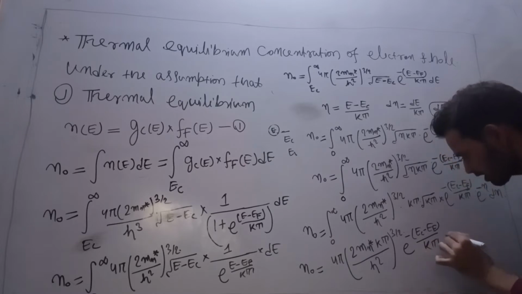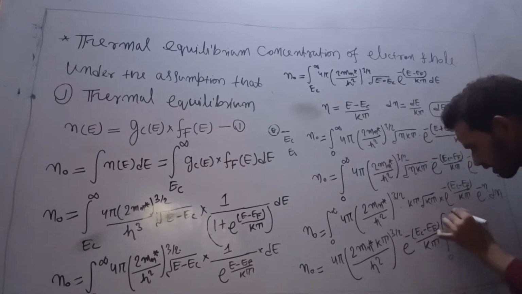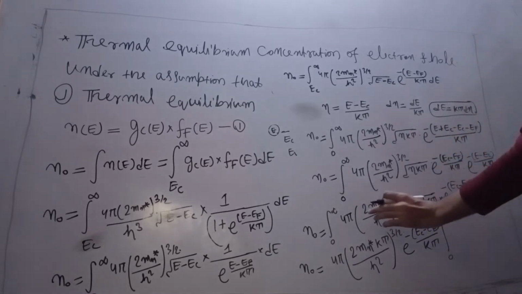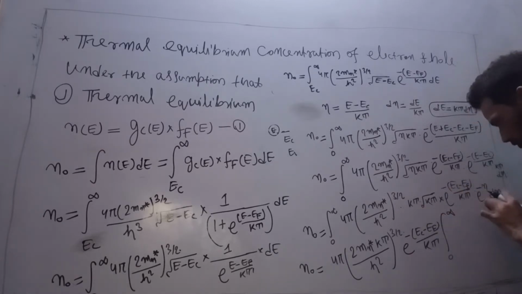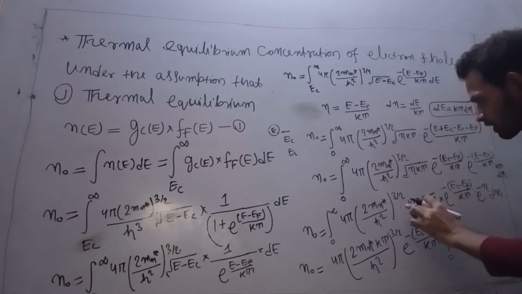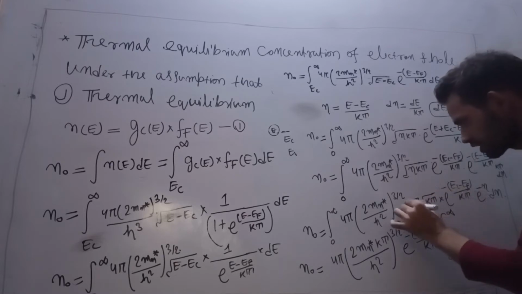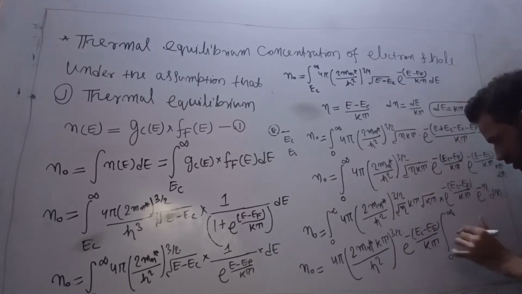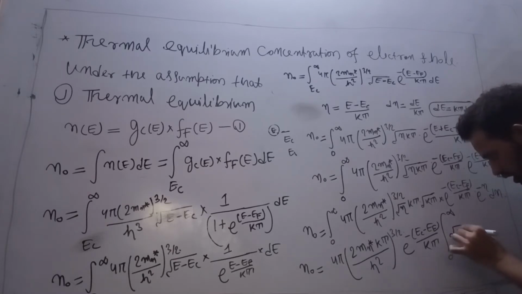Okay, into inside integration is what, this root eta. So this is root eta here. Now let us take this root eta into e to the power minus eta d eta.